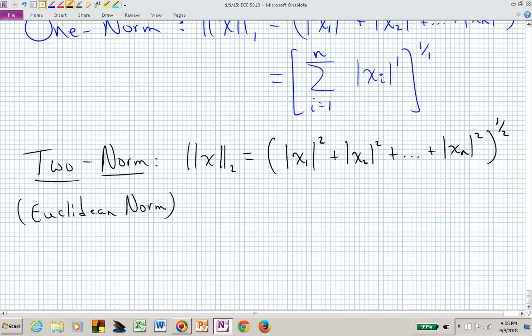Or this is now the square root of the sum of the coordinates' magnitudes squared. That's the 2 norm. And in R2, that's just x1 squared plus x2 squared square rooted, or the distance from the origin in the x1, x2 plane. That's the Euclidean distance, or the Euclidean norm.